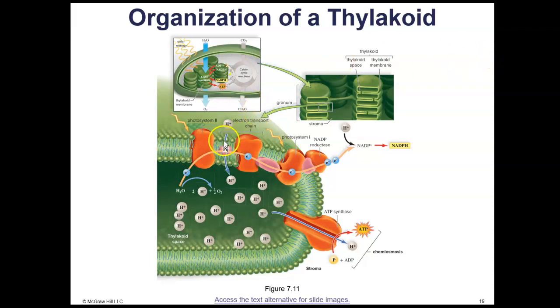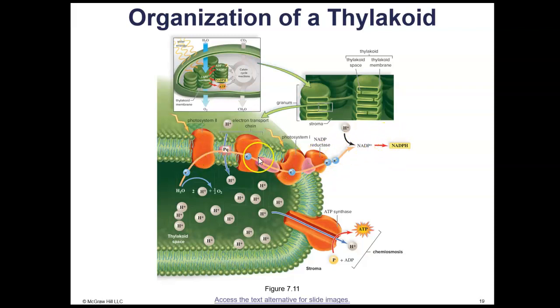It will leave photosystem 2 with very, very high energy, and it will pass through what we call electron carriers. And you can see them here. Here's one, and then here's another one, here's another one, another. And finally, it is used to produce NADPH.